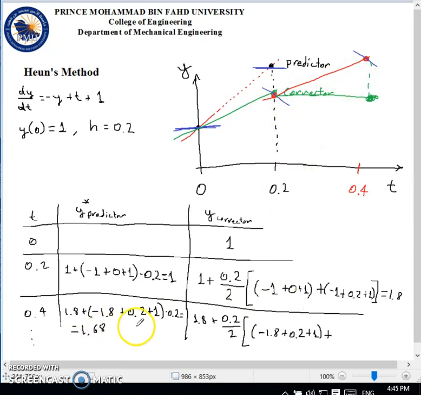Okay, so y now is 1.68, minus 1.68 plus t is 0.4, plus 1, and that equals 1.78. So in the same way, we can continue moving down the t axis and solve this ODE.